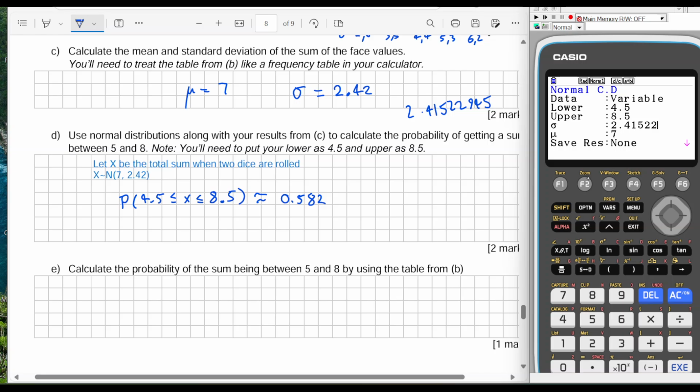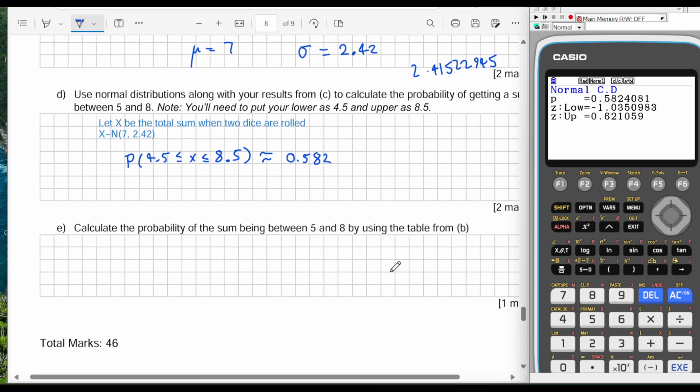Like if you square numbers, for example, small numbers get really big. 0.582. So it is similar, but it is very possible the probability could have been slightly off had I used a rounded version. Okay, there we go.